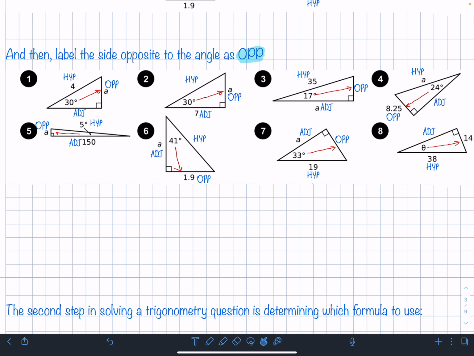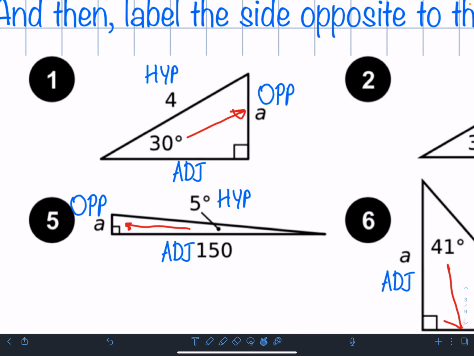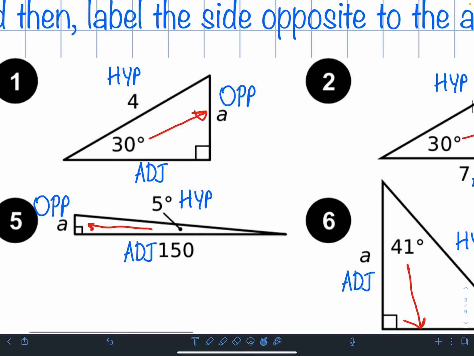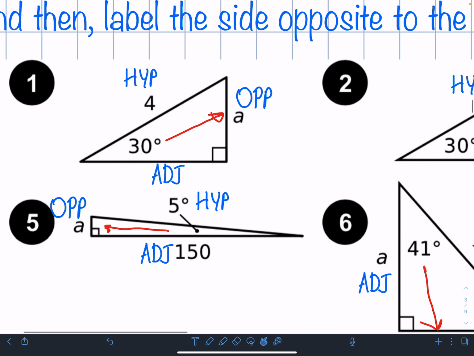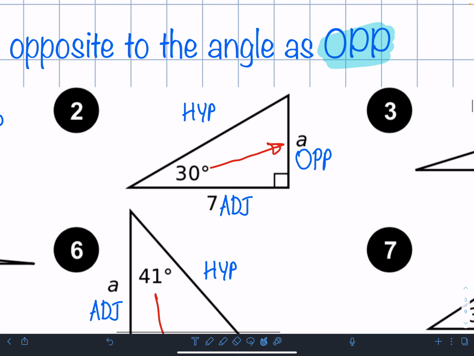And so the opposite side is the side that's actually opposite the angle. So you can see with the little red arrow there in number 1, the side A is opposite 30 degrees. Okay. Number 2, the side A is again opposite 30 degrees.